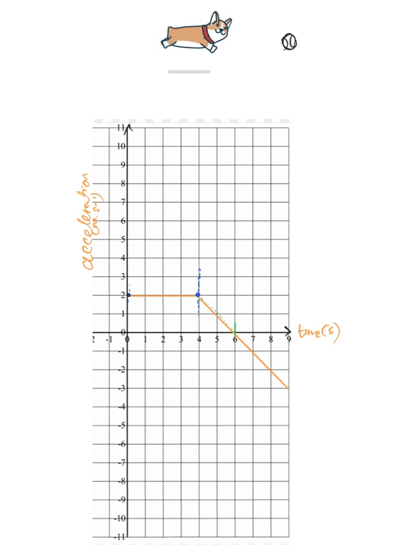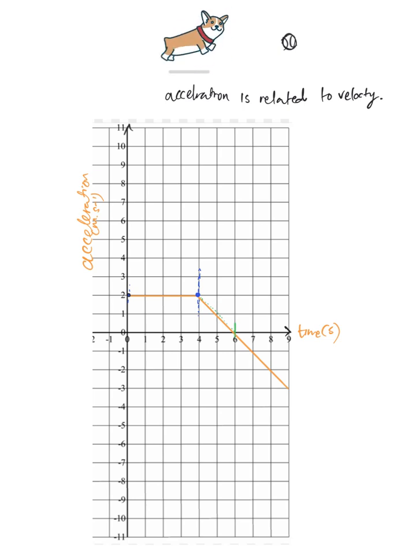We can look at a few things, because we know that acceleration, let's write this down, is related to velocity.